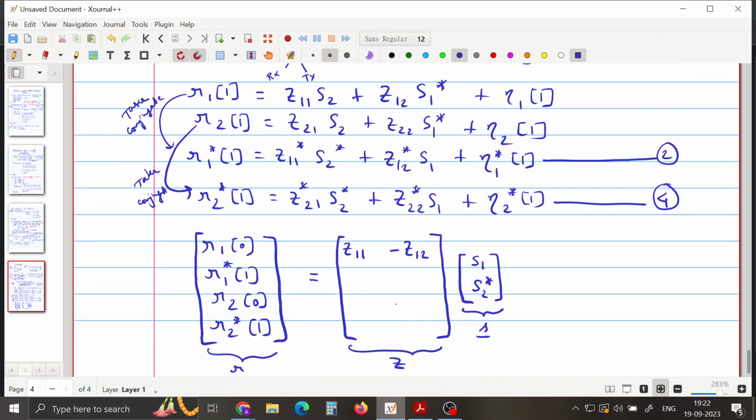Similarly, from the other equations you can fill up this matrix, which would be Z12 star, Z11 star, Z21, minus Z22, Z22 star and Z21 star.